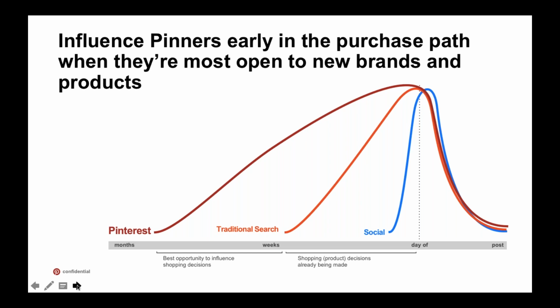But with Pinterest, people are actually planning months out in advance. People could see a pin on our platform and save it to one of their boards and come back to it when they're actually ready to act on whatever idea they might be building. So for example, if I was purchasing a new home, I might actually create a board for home decor, but might not be ready for it just yet because I'm still in the home purchasing phase.